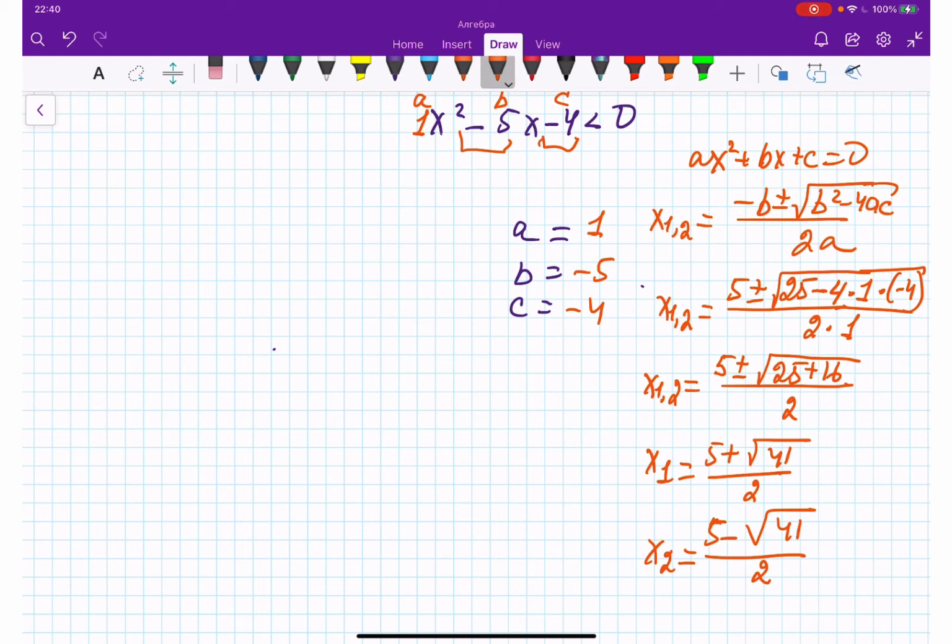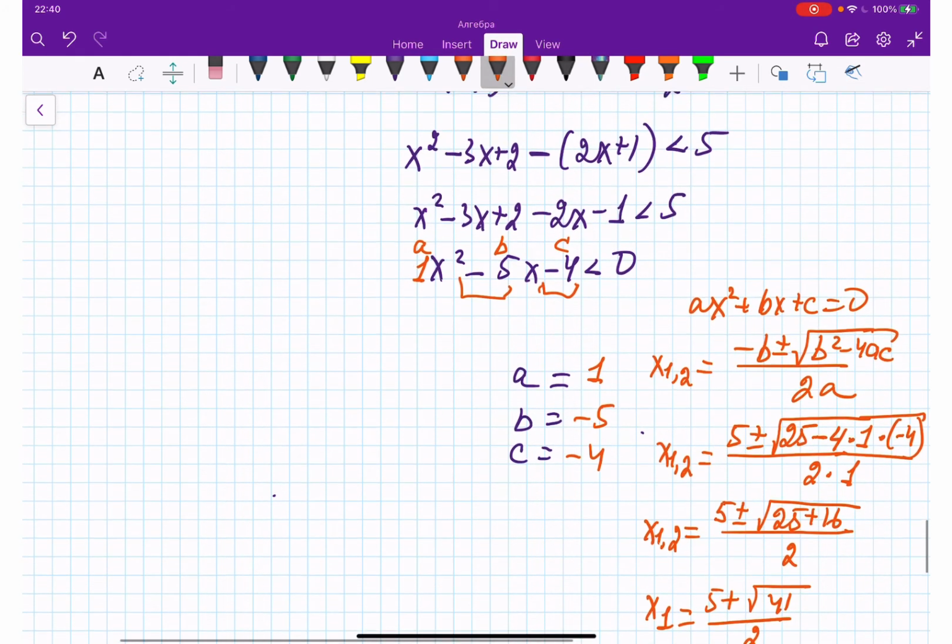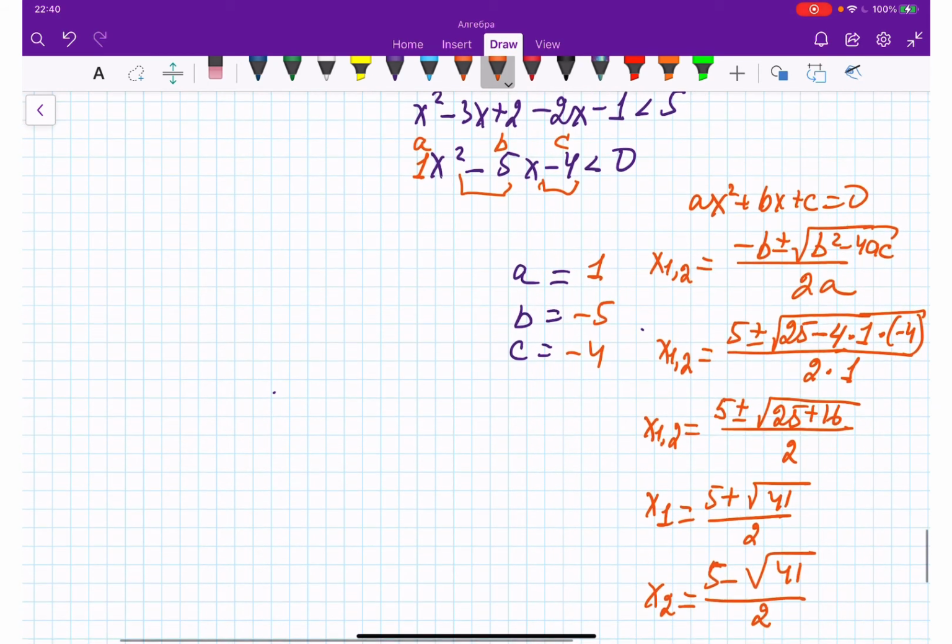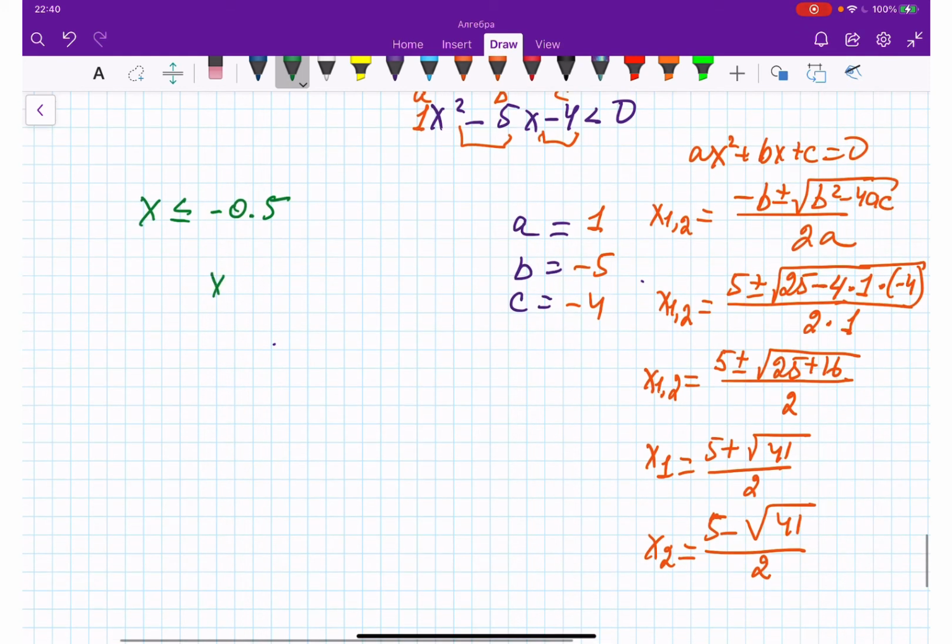Okay, so on interval, what do we have? Let me write down here. On interval, x is less than or equal to negative 0.5. I have the answer. X is greater than 5 minus square root 41 over 2 and less than 5 plus square root 41 divided by 2.